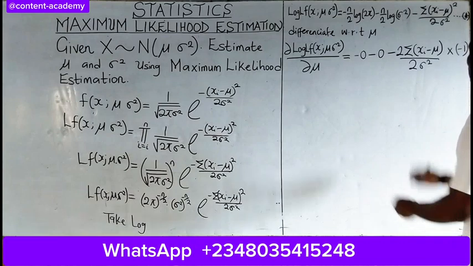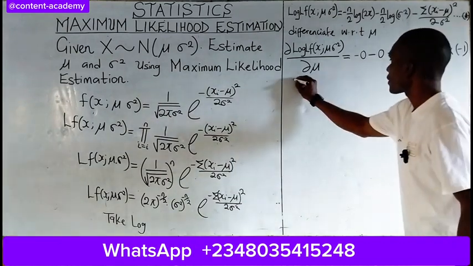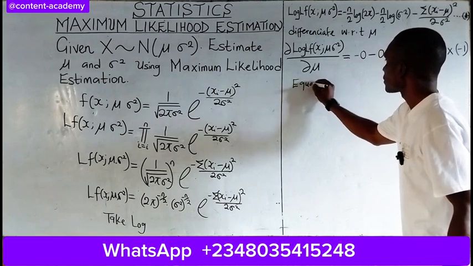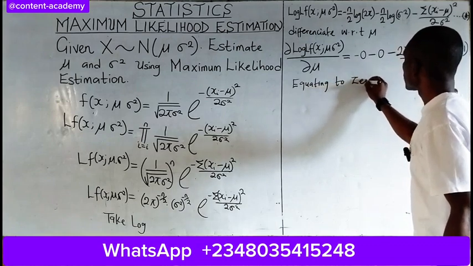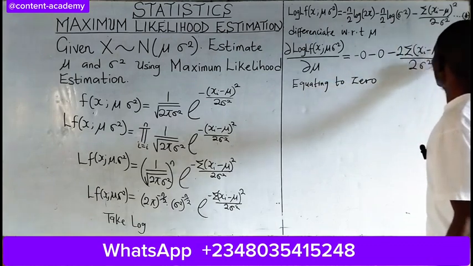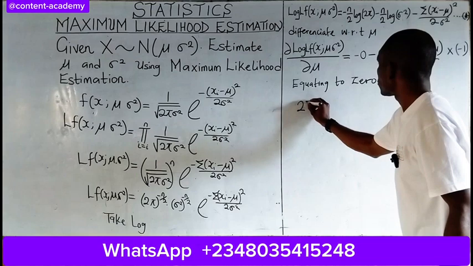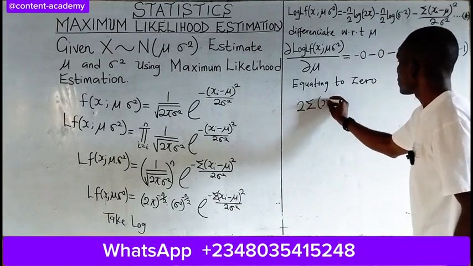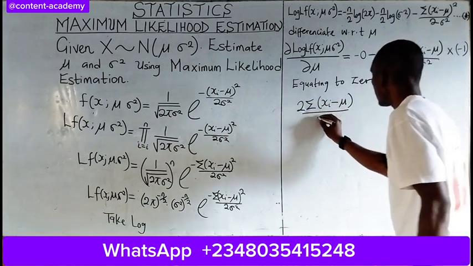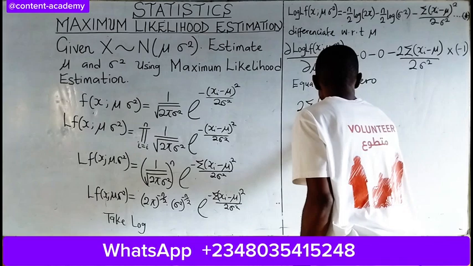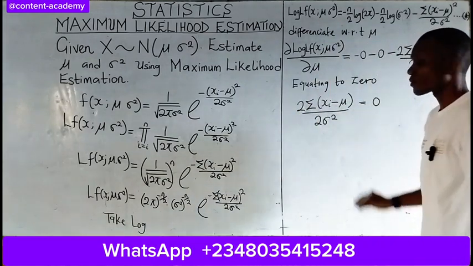So we now equate the whole of this to 0, and we have 2 summation (xi minus mu) all over 2 sigma squared equal to 0.